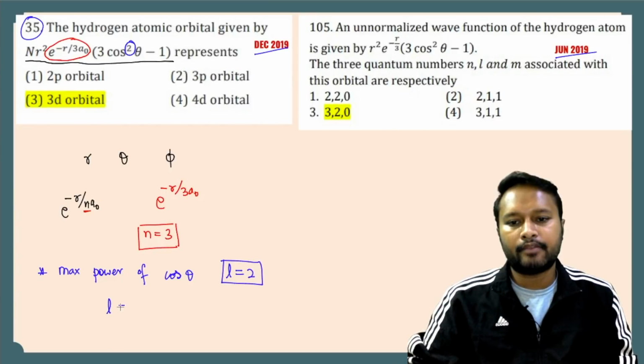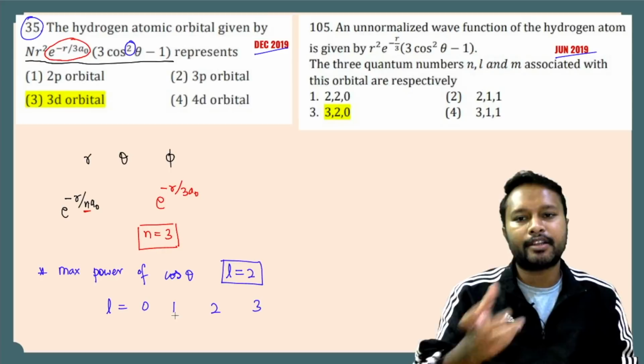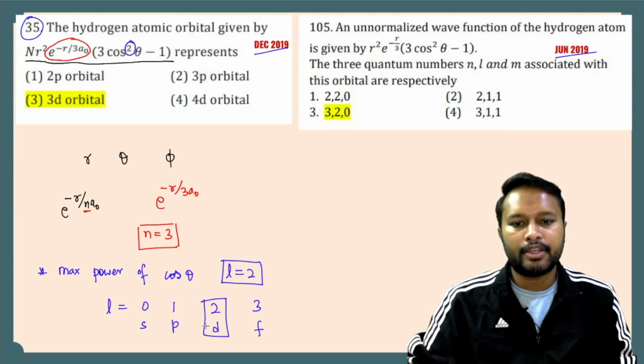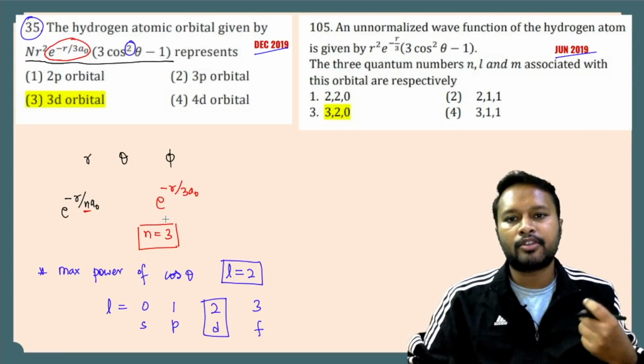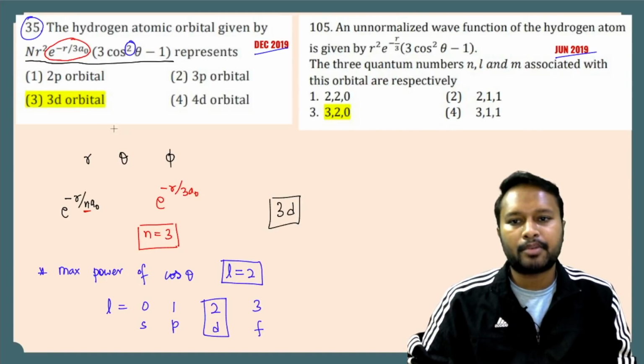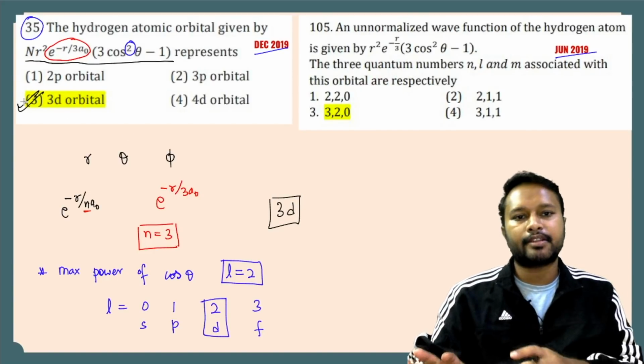You know that L equal to 0, 1, 2, 3 is denoted by S, P, D, F respectively. Since L equals 2, it will be D. So the orbital it represents is 3D, and that's how you got your answer.